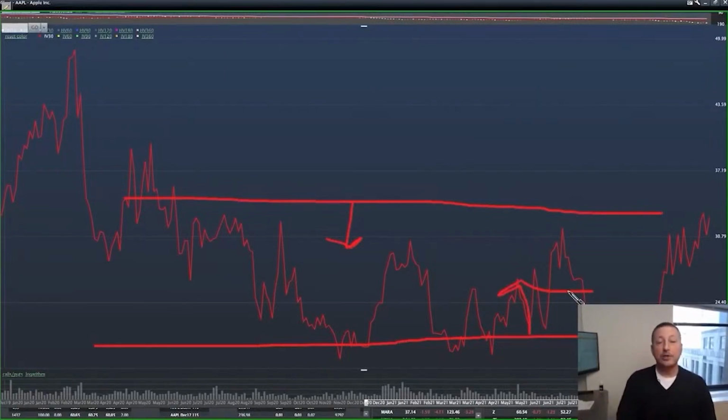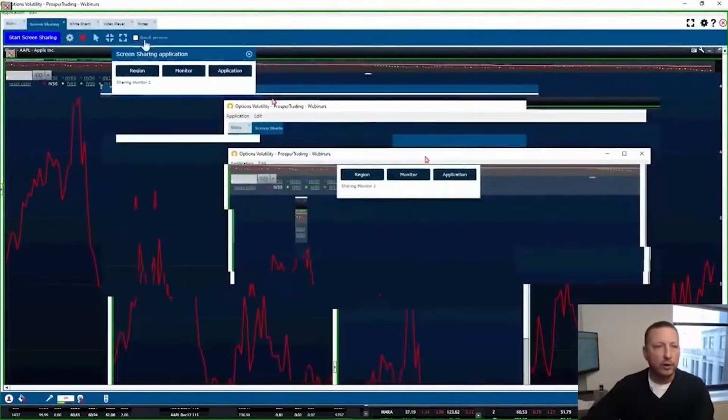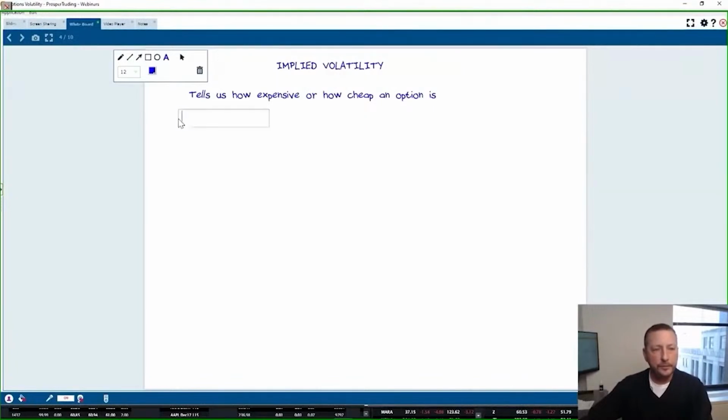Now, the key as traders is to know how to take advantage of that. And not to make this too simplistic, but essentially, you want to sell when something's expensive and you want to buy when something is cheap. It's no different with implied volatility. So let's get back to our whiteboard here. IV, or implied volatility, always has a range.